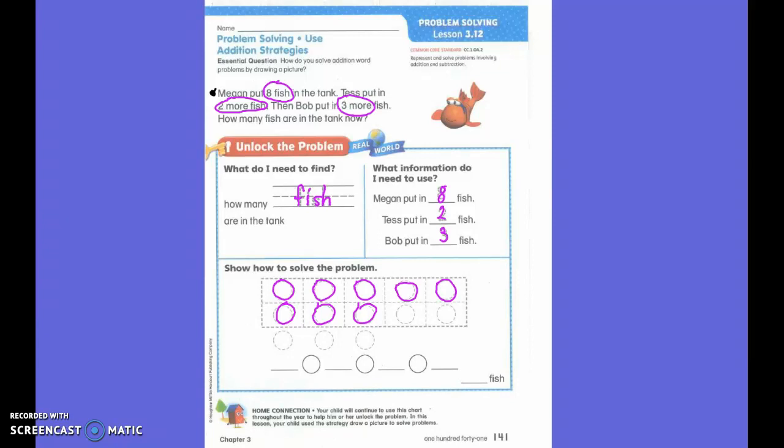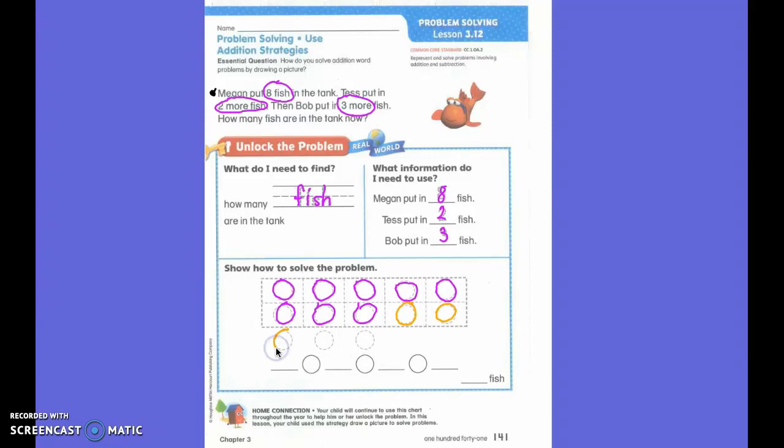Now what are we going to do? Do 2 more, because the story told us we needed to draw 2 more. Now what are we going to do? We're going to draw 3 more.